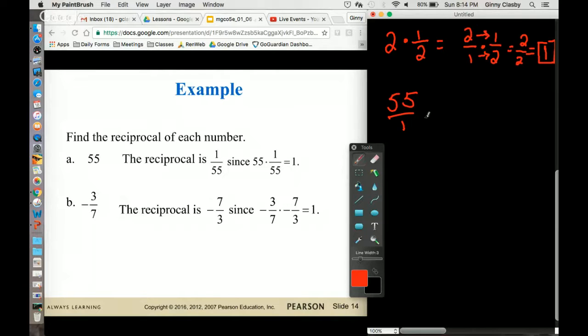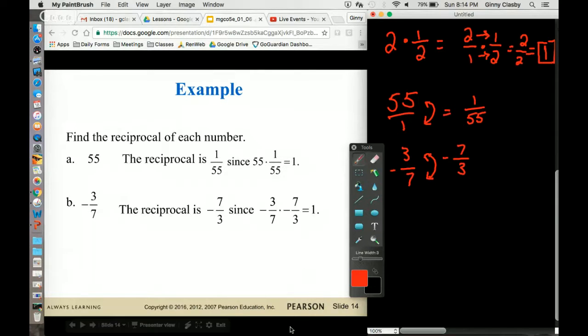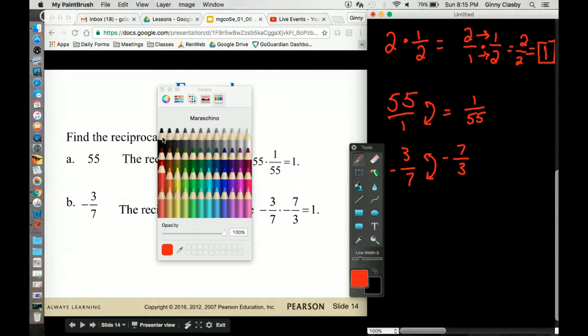So what you're doing to get the reciprocal is you're just going to flip that. So the reciprocal of 55 is 1/55. When you're dealing with the -3/7, same deal. You flip it. The 7 goes on top, 3 goes on the bottom, and it's going to become a negative solution.